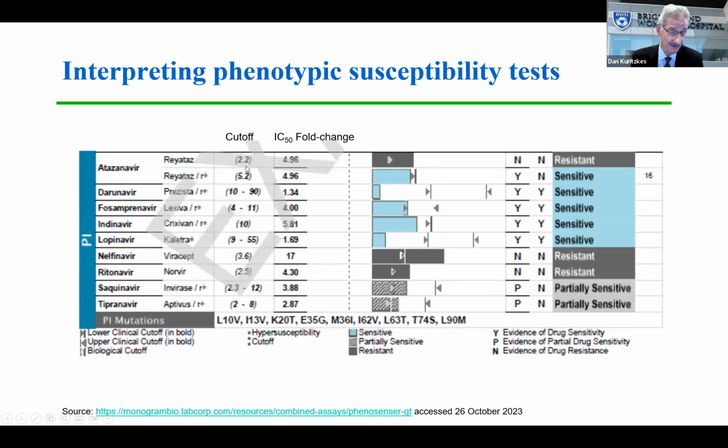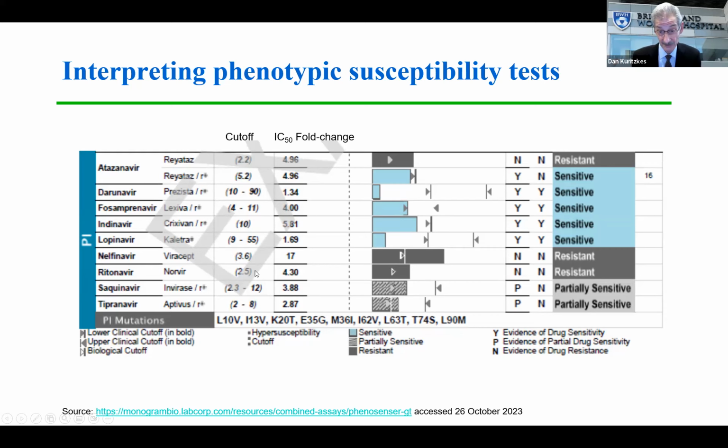That is, there are data showing that viruses that have an IC50 or a fold change above this bolded value have reduced or no response. When there are two numbers, it means the lower threshold and then the upper threshold. So in between, there might be expected some intermediate response. And the values that are shown unbolded are for drugs where we really don't have any biological cutoffs.